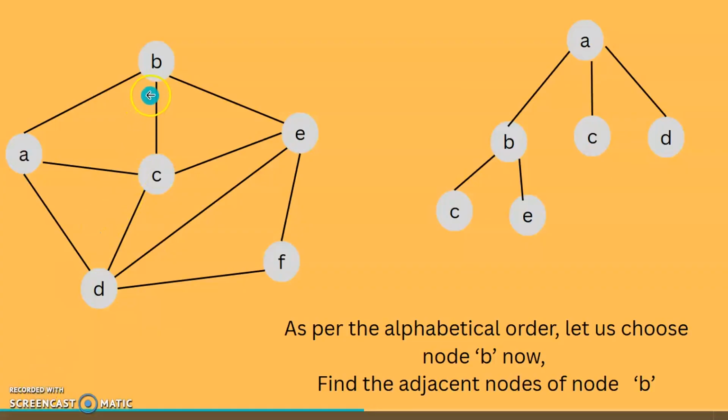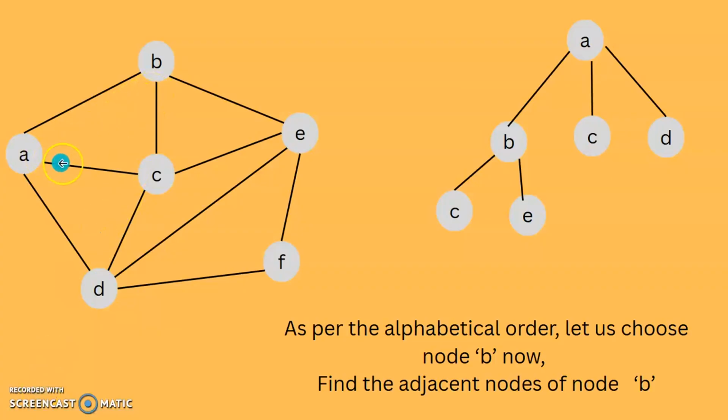So adjacent nodes of B are A, C, E, but we have given only C and E here because we have already visited A in this path, and in the Hamiltonian circuit problem we have to visit a node only once.